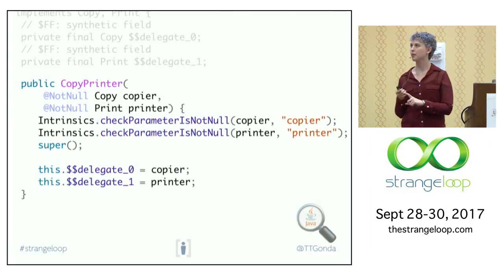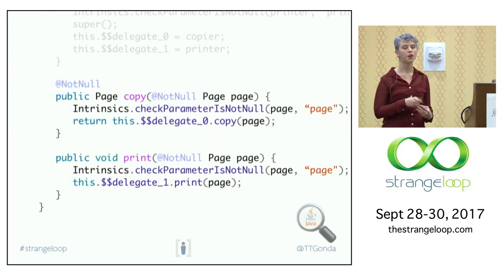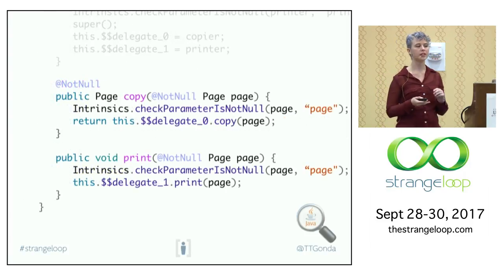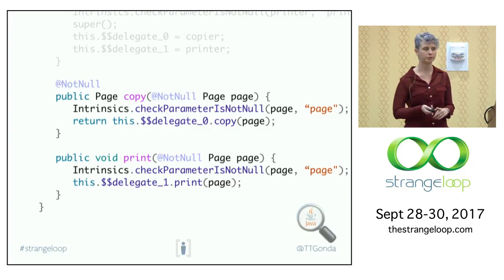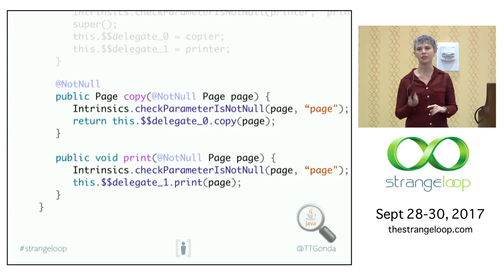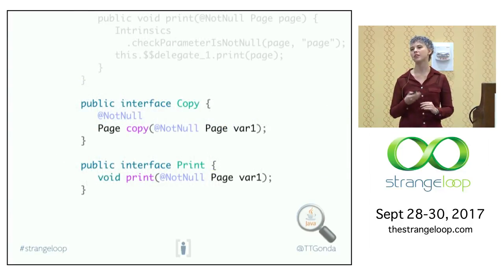Then it takes a copy and a print object into the constructor, and it assigns them to those fields. From there, it forwards the copy and the print methods to those copy and print objects that were passed in the constructor. And then finally, we just have our interfaces for copy and print, which look as you might expect.